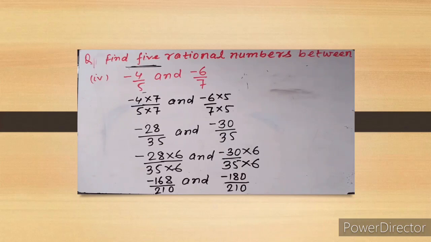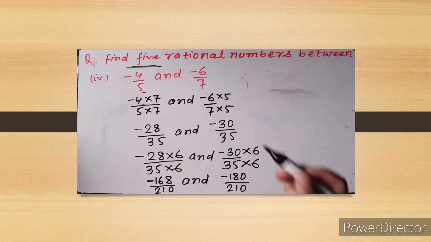Now we can see, students, between minus 168 and minus 180 we have lots of rational numbers like minus 169, minus 170, minus 171, 172, minus 173 till minus 179.